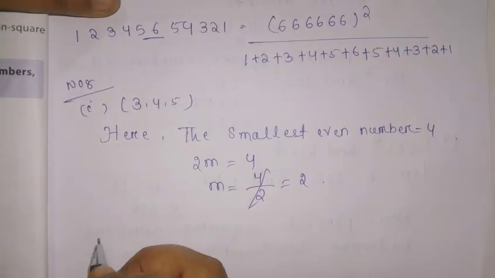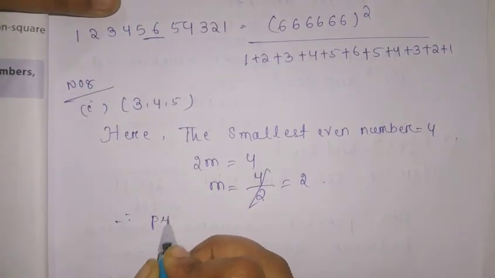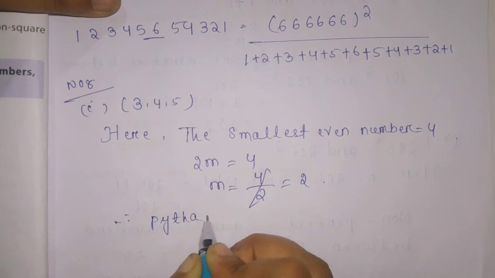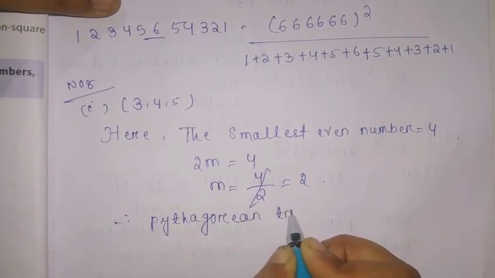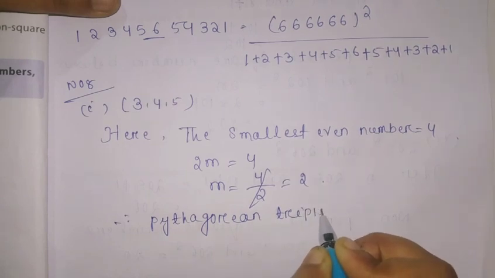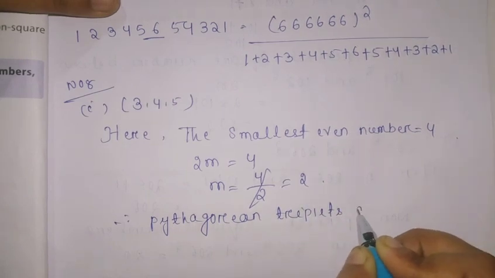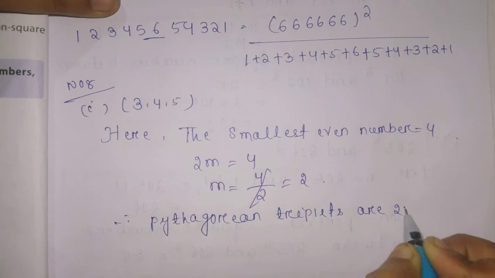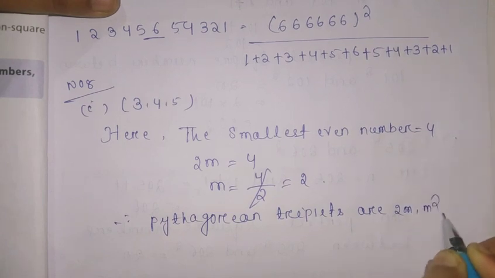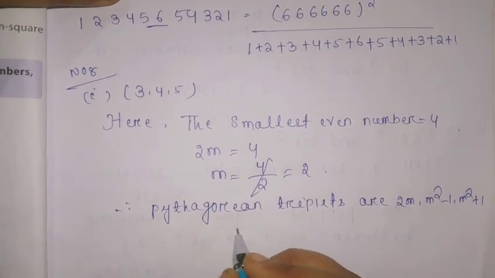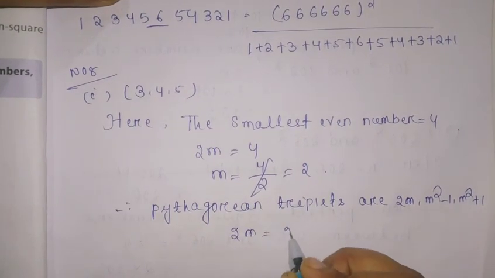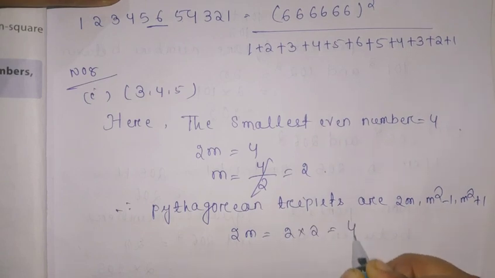Then the Pythagorean triplets are 2m, m square minus 1, m square plus 1. 2m equals 2 into 2, 4.